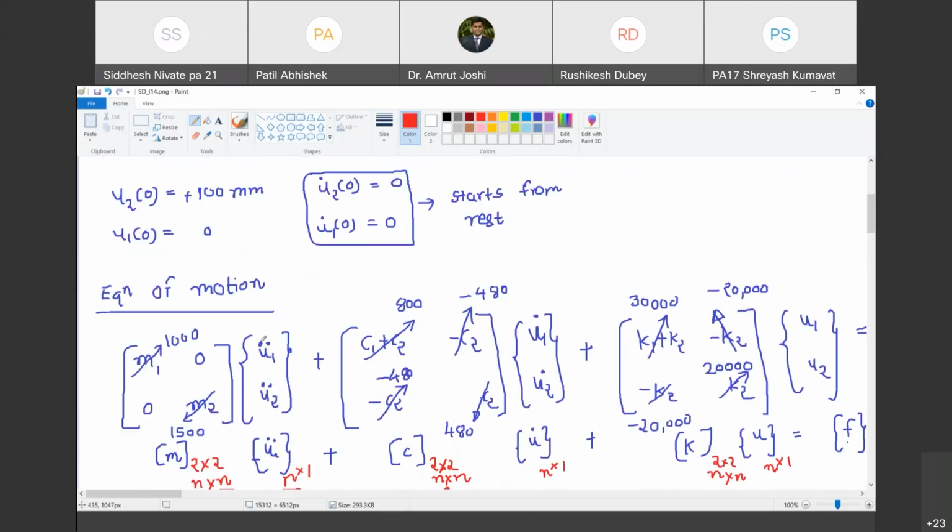So therefore, whatever we are going to do here, please look at it carefully. Later on, we are going to develop an algorithm to solve multi-degree of freedom systems. So, the computer is a dumb machine. As long as you give it a correct algorithm, it will solve the system for you for any number of n. Are you with me?